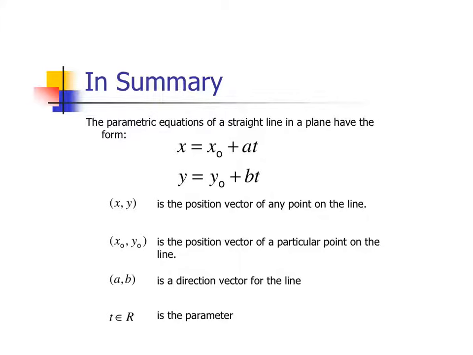Y is the Y coordinate of any point on the line. You start at a Y coordinate and go B times the parameter T, meaning you start at the initial Y value, and however many times, that's T, you go the Y component of the direction vector. We'll do some examples here so you'll see. But this is the parametric equation. And again, from the previous slide, you can see the XY, which is P, the X naught, Y naught, which is P naught, and the AB, which is the direction vector.